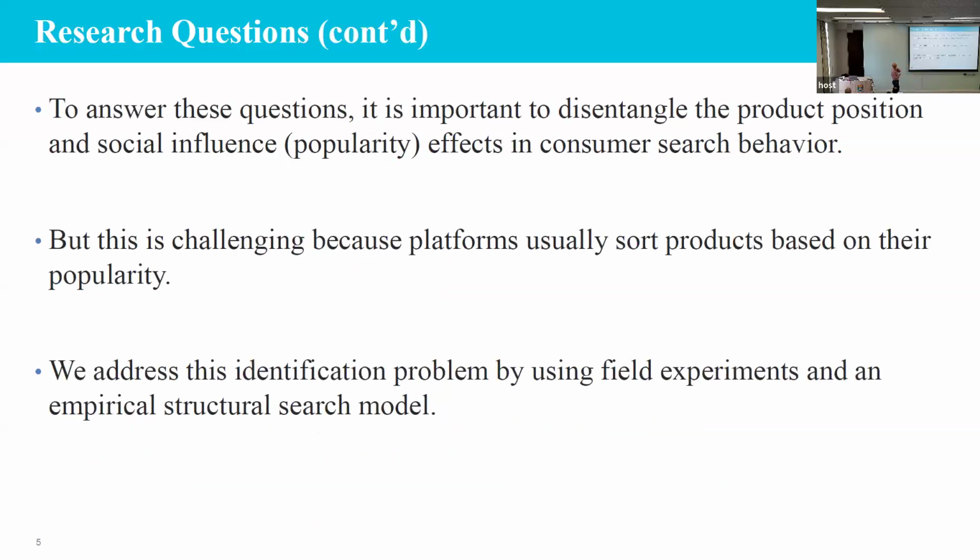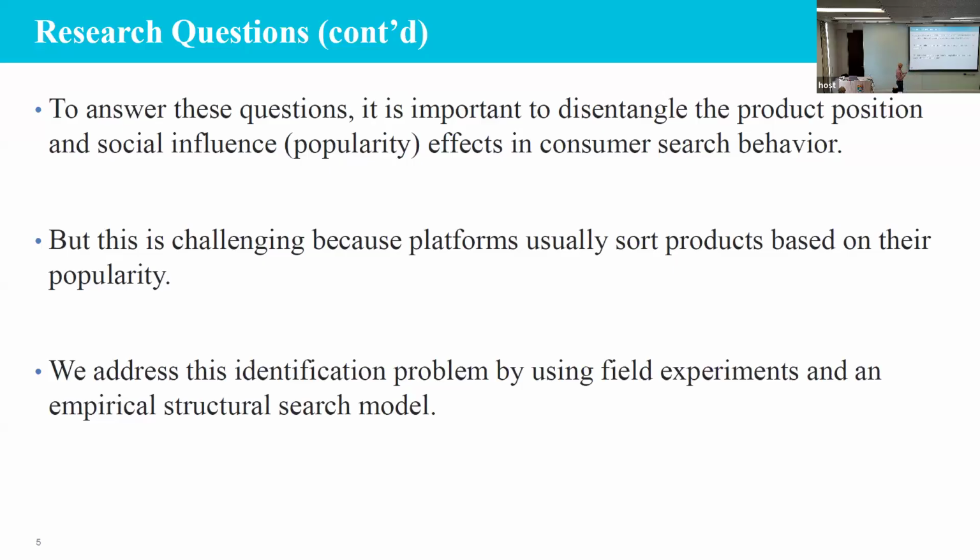And so to answer these questions, it's very important for us to be able to measure two things. Okay? To what degree the product positions matter for consumer search decisions, and also how much the popularity information, the social influence information, matters to people.